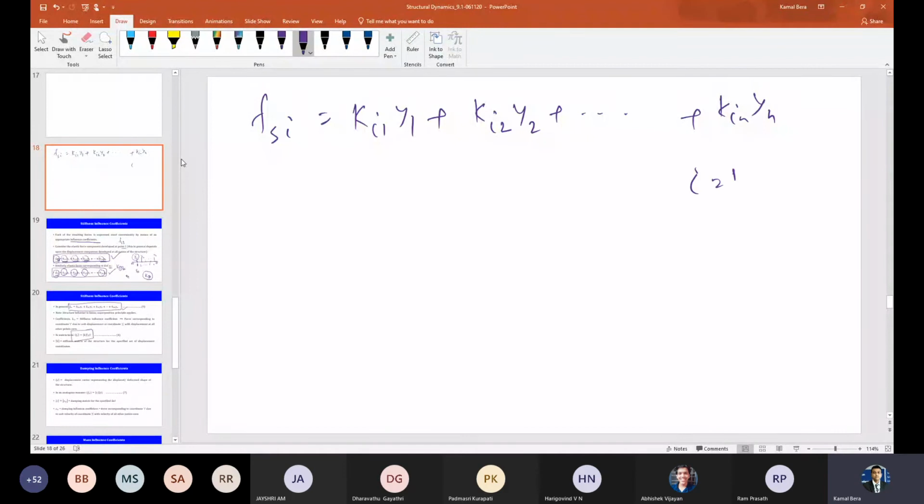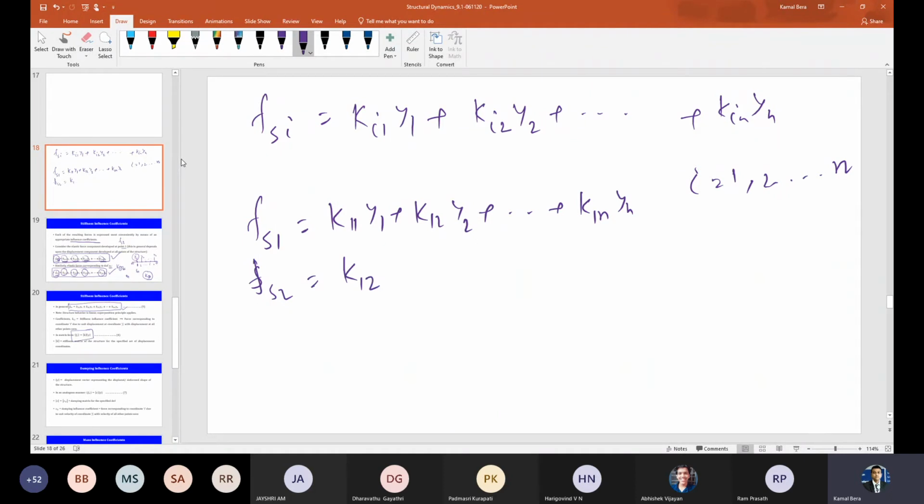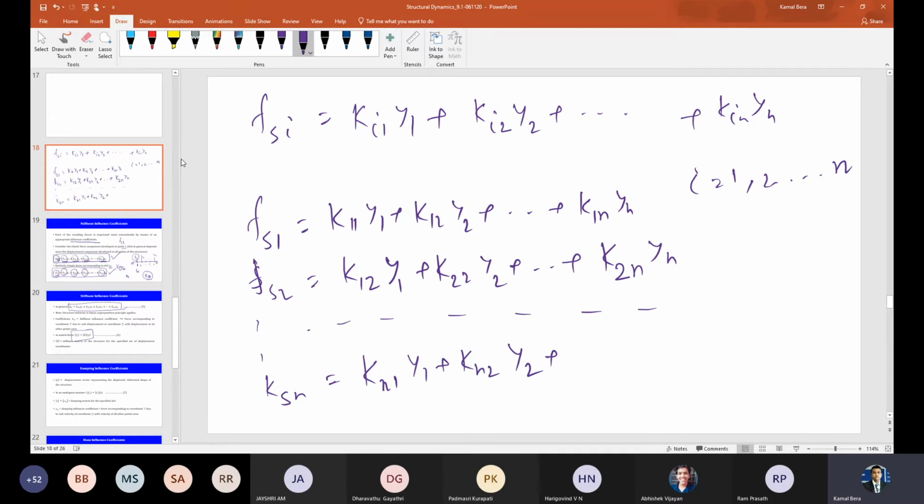So for i equal to 1 to n, I can write FS1 = K11 y1 + K12 y2 + and so on up to K1n yn. FS2 = K21 y1 + K22 y2 + up to K2n yn, and so on. FSn = Kn1 y1 + Kn2 y2 and so on, plus Knn yn.